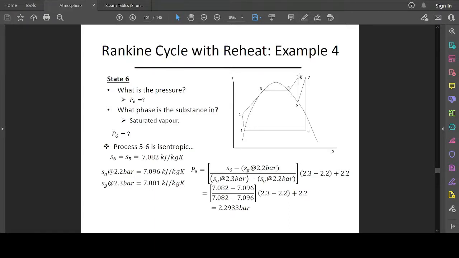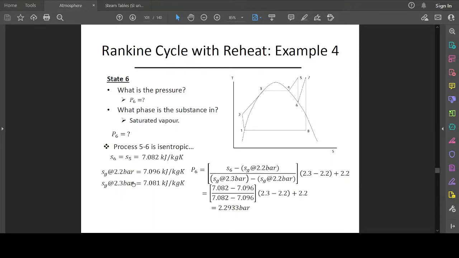Because this is an isentropic process in the turbine, the entropy at stage 5 and 6 will be the same. With that information we can calculate the change in pressure.